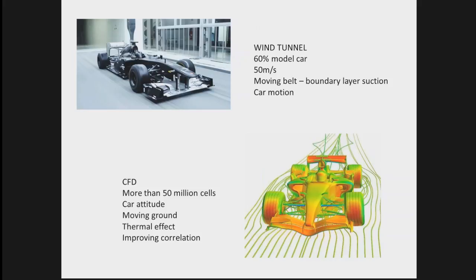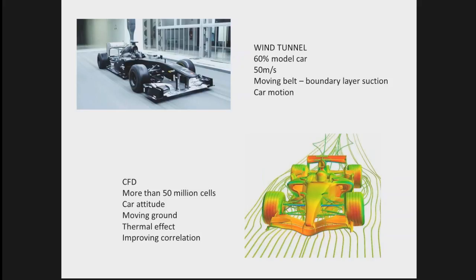We use models that have got 50 million cells or more. We check also the car attitudes. So it's not about just testing the car in one specific condition, but it's about moving the car around like on a racing track and seeing what the aerodynamic results are.